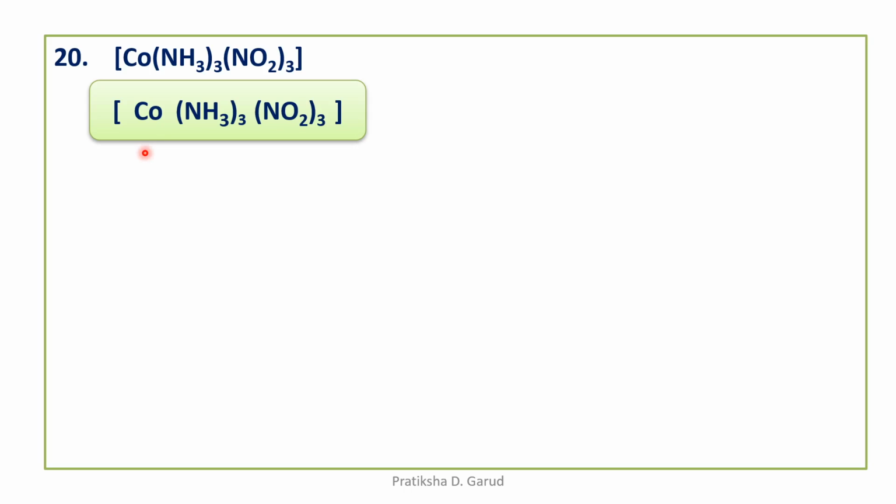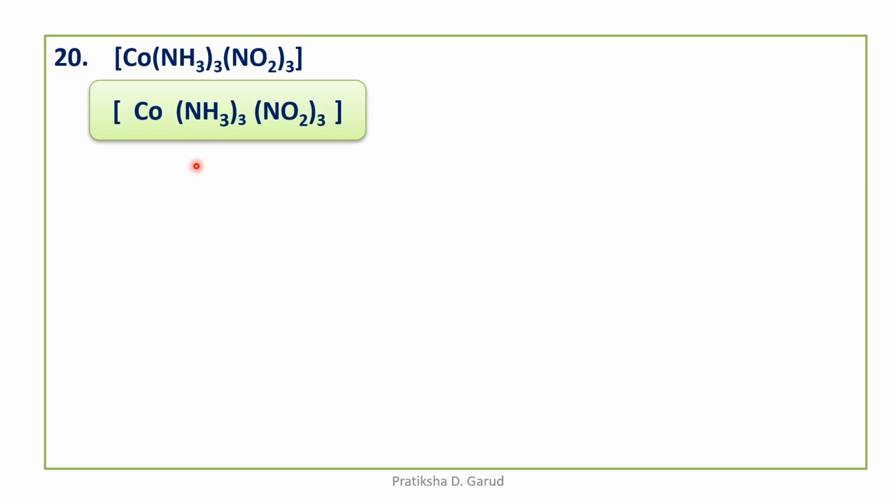In this structure, we know that this cobalt is the central metal atom, and this cobalt is attached to the ligands. So for this, we require the oxidation state or the oxidation number of the central metal atom. So we should know the nature of the ligand. That means whether it is a neutral ligand, positive ligand, or negative ligand, and then we should know the charges.